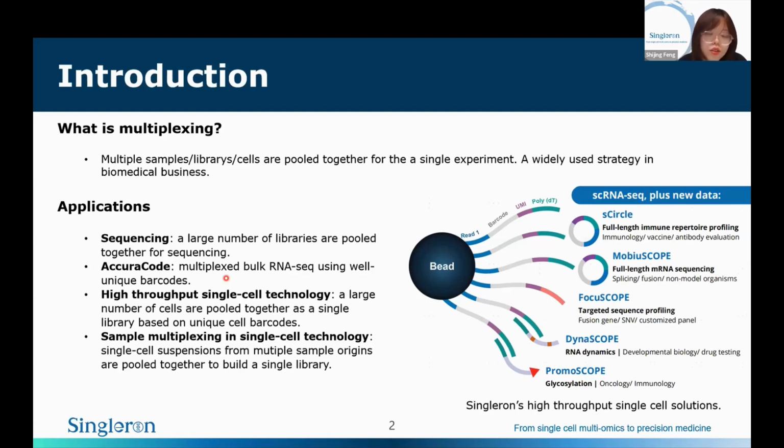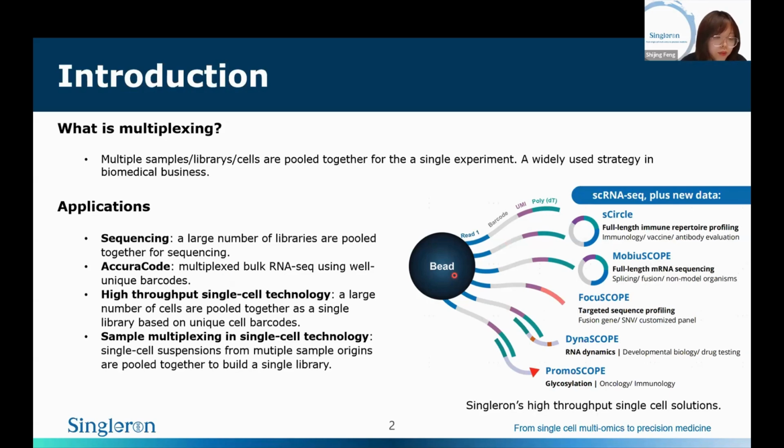This is not only for bulk RNA-seq. Multiplexing is also widely used in single-cell studies. To achieve high throughput, what we usually do is give every cell a unique cell barcode, here you can see from the bead.